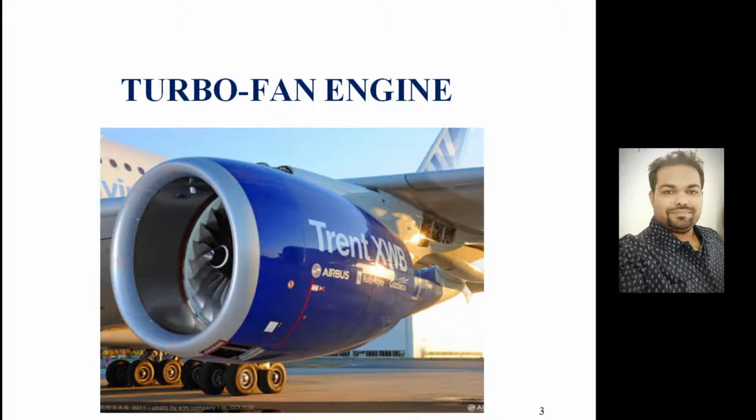So the total thrust, if you are going to find out, will be the summation of the thrust generated by the cold flow in the fan plus the thrust generated by the hot flow, that is called the core engine turbojet.